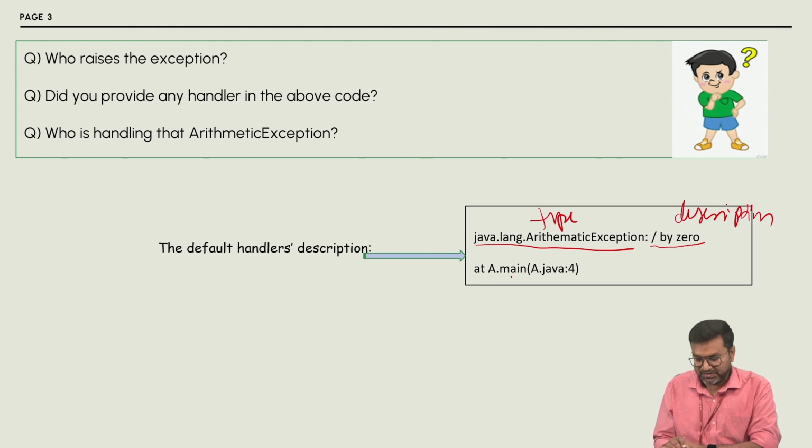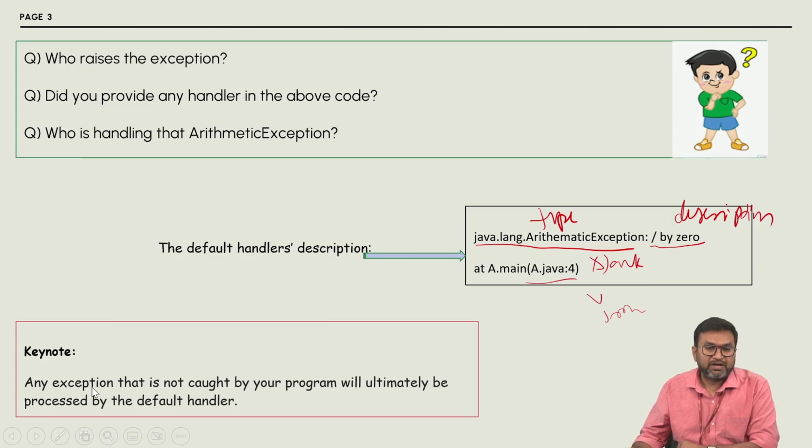And this is the stack trace: from which line, from where we are getting that exception. Clearly, he explains. So these three parts are very important for a programmer in the debugging process, right? All of this combined is string type data.